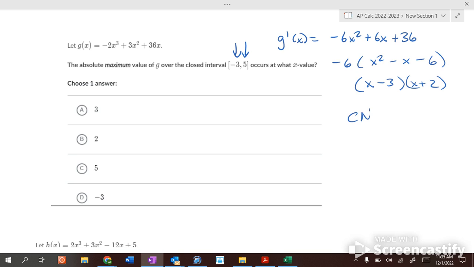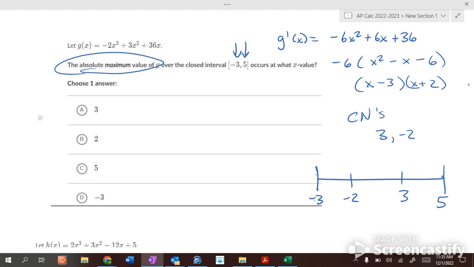So our critical numbers are 3 and negative 2. So our check numbers in the interval are negative 3, negative 2, 3, and 5.